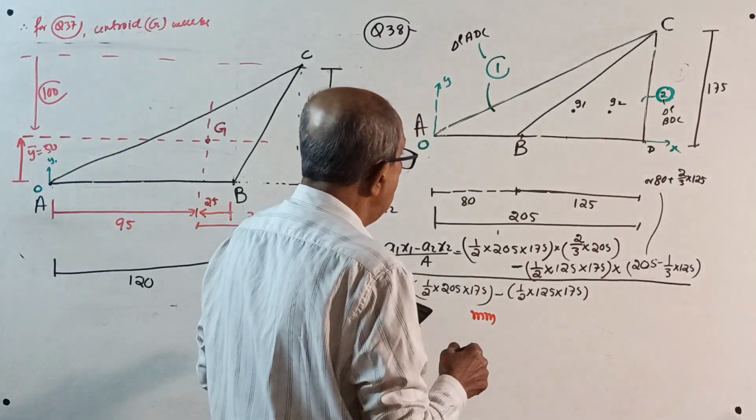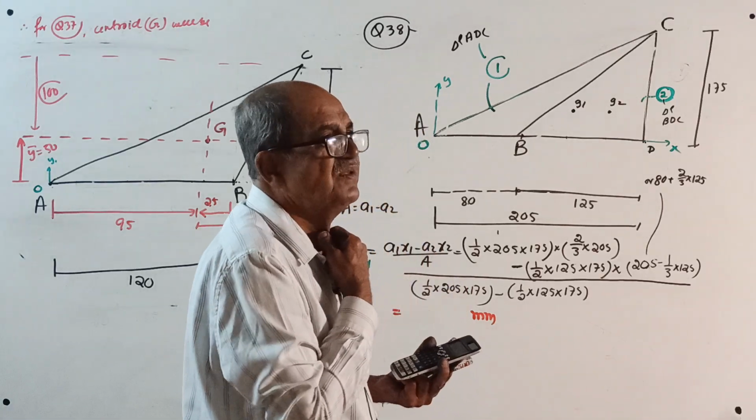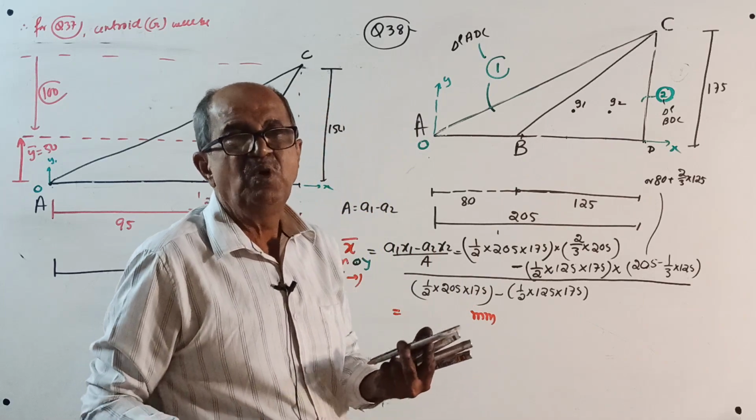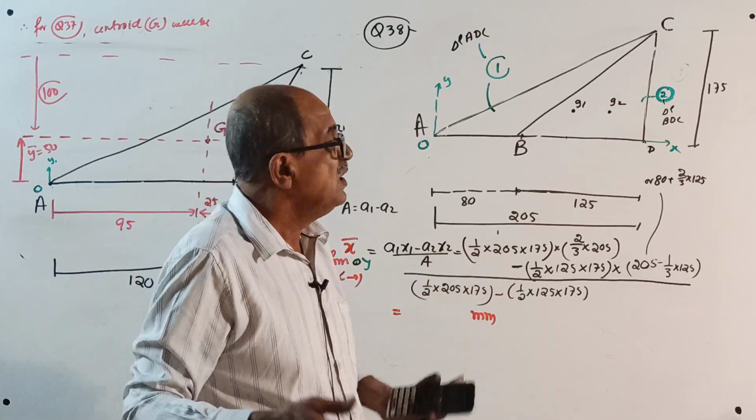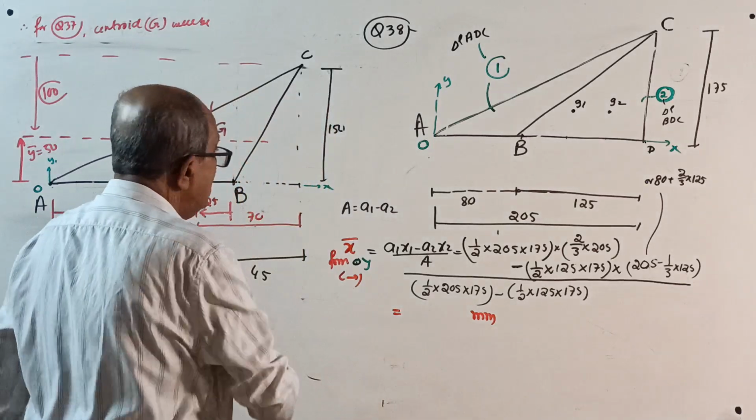Oh, 95. What is this? This is actually called coincidence. I don't know. Last time came 95.